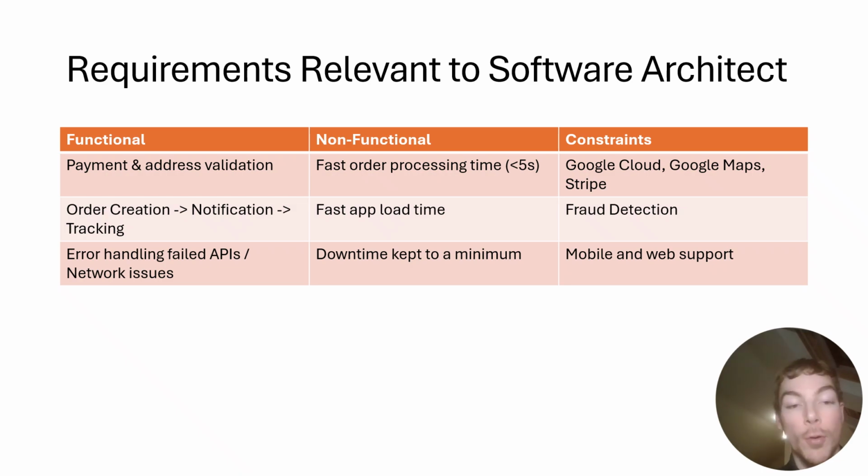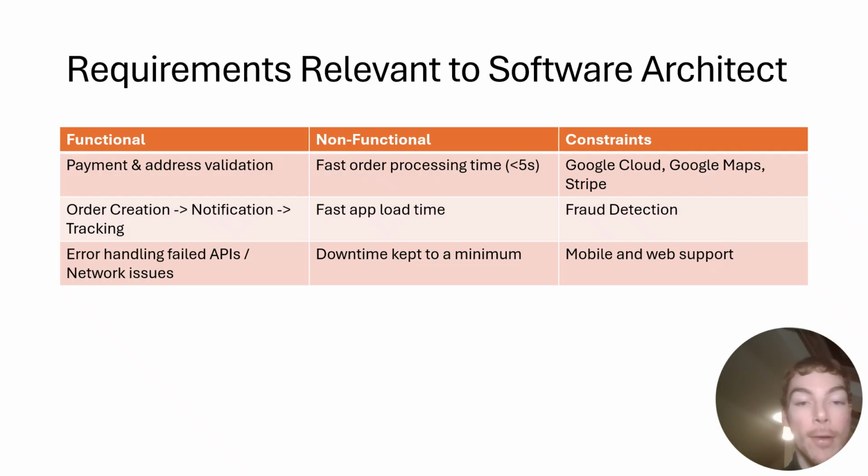Next, we have non-functional requirements. Performance is critical here. You want a quick app, so orders must process in under 5 seconds, for example. You want the app to load maybe in under 3 seconds, and you're looking at reliability requirements. Ideally, you want monthly downtime to be under an hour.